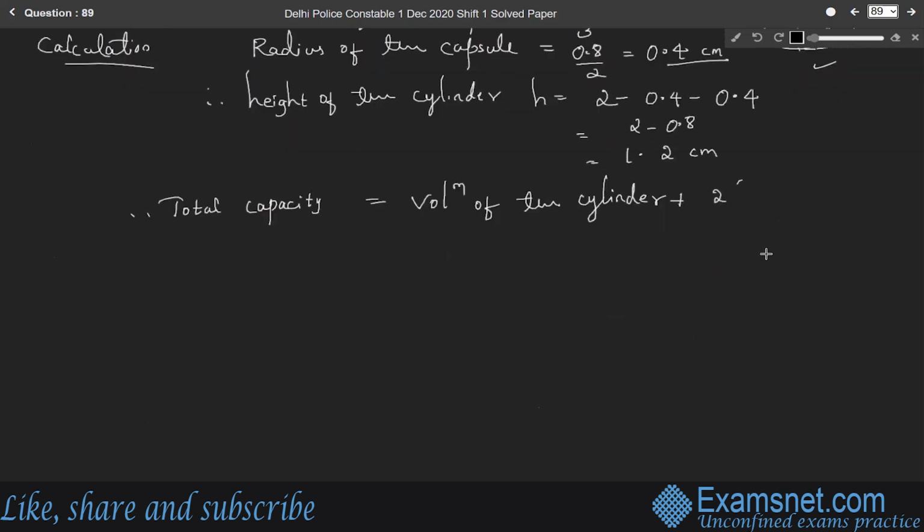So this gives the total capacity of the capsule, right?